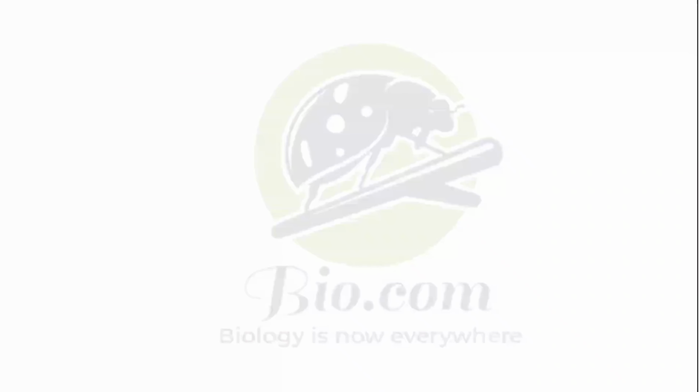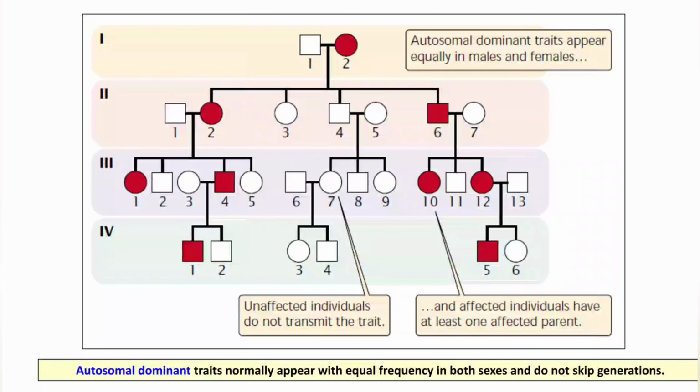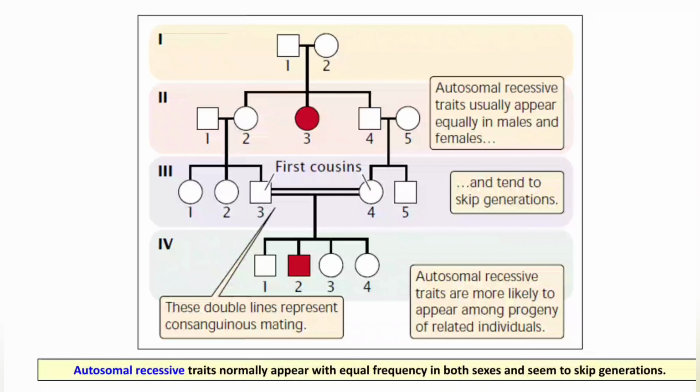Our first topic of today's session is very important, and that is from the genetics portion, including pedigree analysis. You have seen so many pedigree charts in previous year examinations of CSIR as well as DBT.